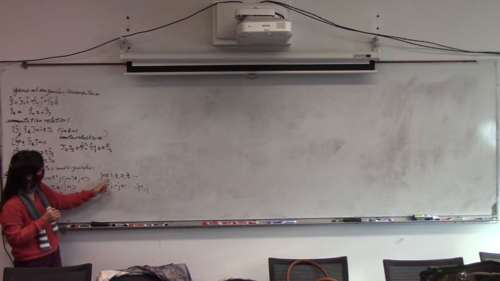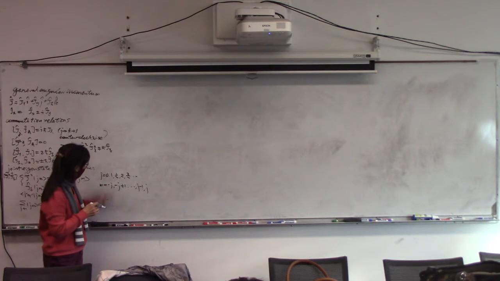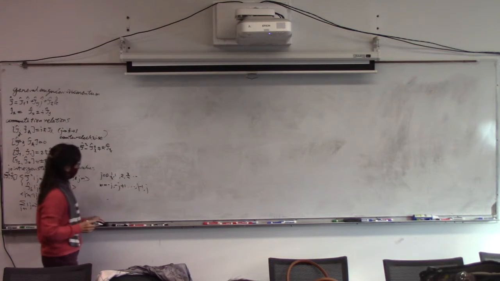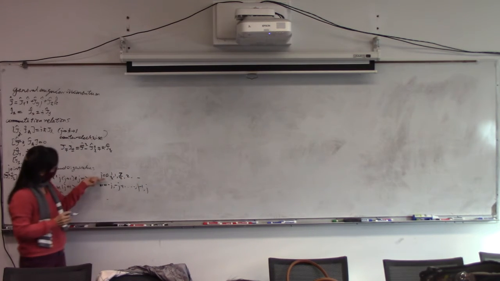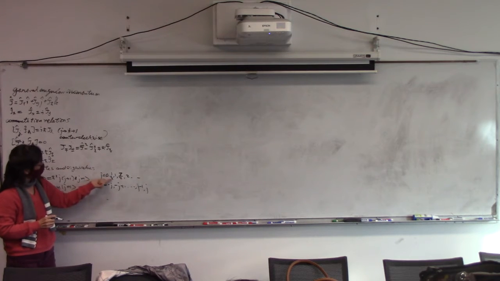So you can see here we already obtained that the allowed J values are 0, 1/2, 1, 3/2, 2, and so on. So either integer or half-integer numbers.